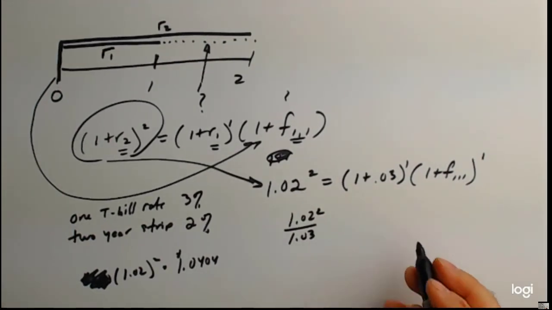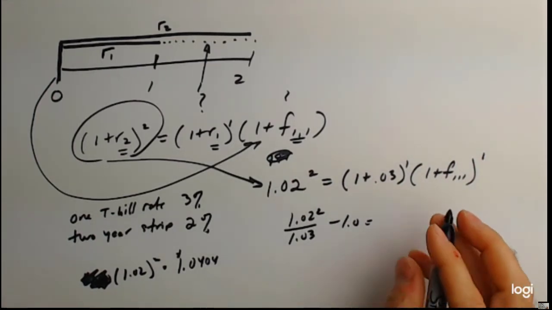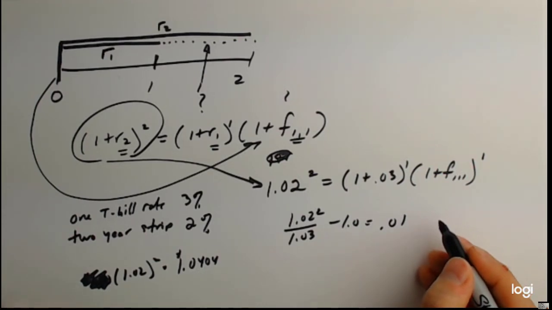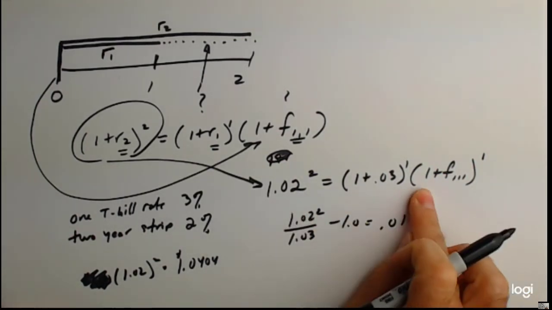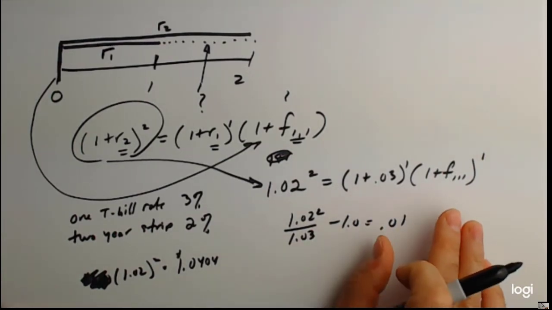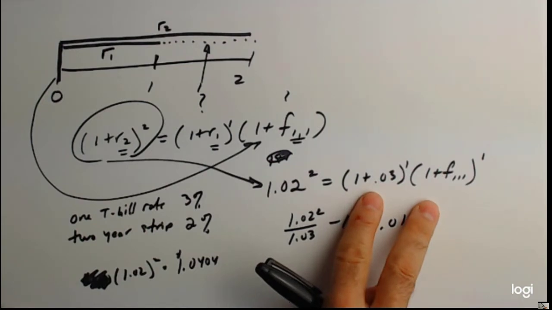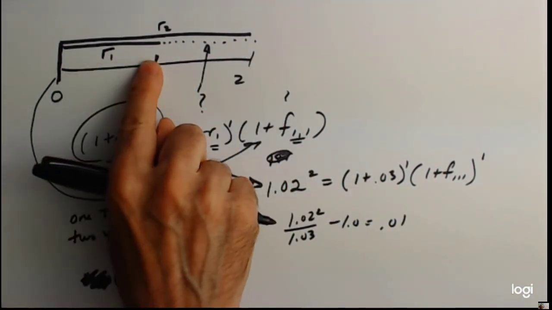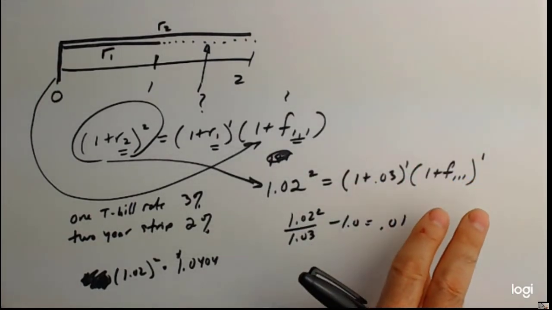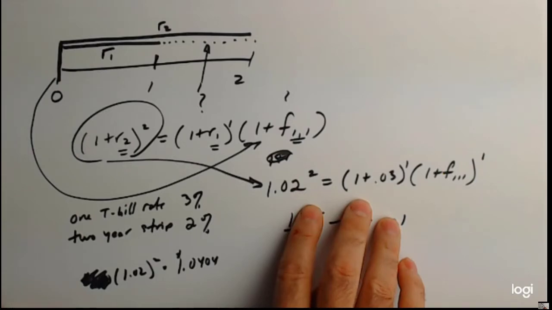And by the way, subtract 1, and you'll get 0.01, which is basically 1%. Now, this reflects compounding. Like I said, forever, money compounds. And so it's important to reflect that. It doesn't really have much of an impact when you're going over just a 2-year period. But if you do this math on a 30-year bond that's way out here, it makes a difference between whether you compound or not compound.